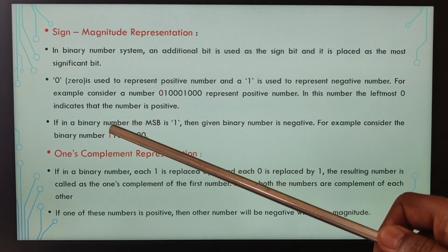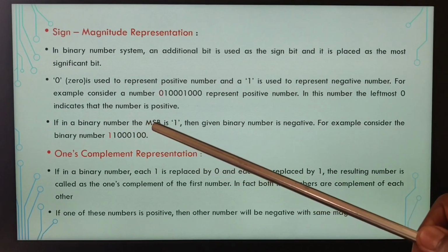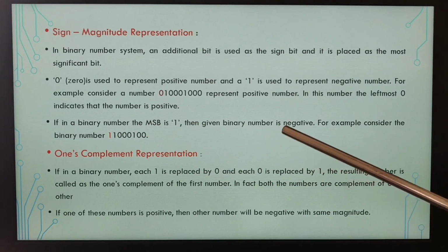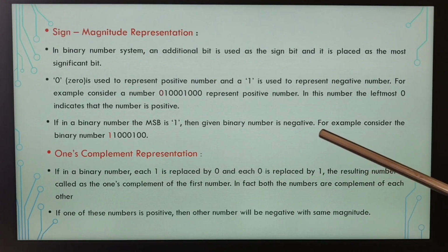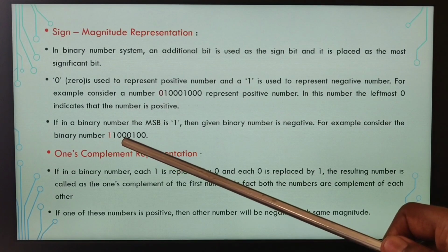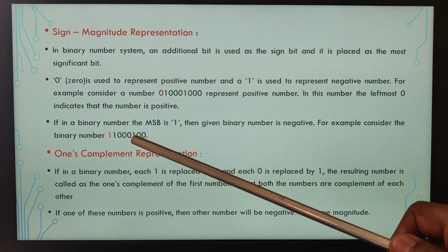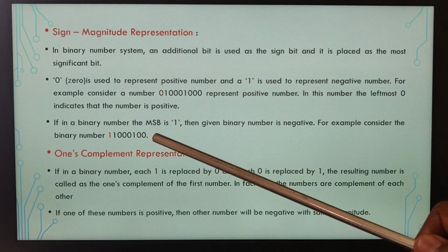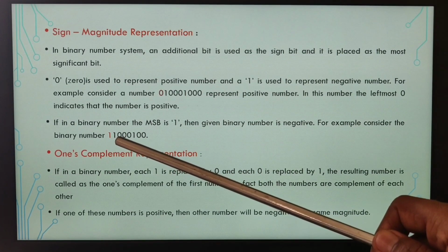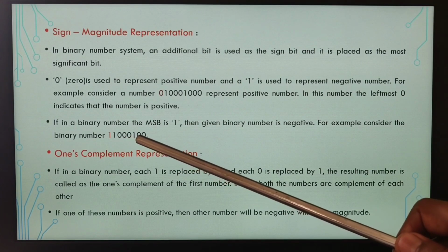If in a binary number the MSB is 1, then the given binary number is negative. For example, consider the binary number 11000100. Then shown by red color, this 1 represents a negative number.